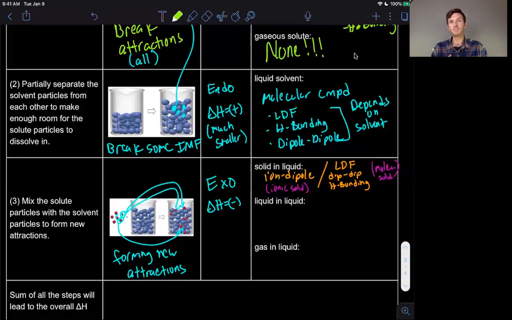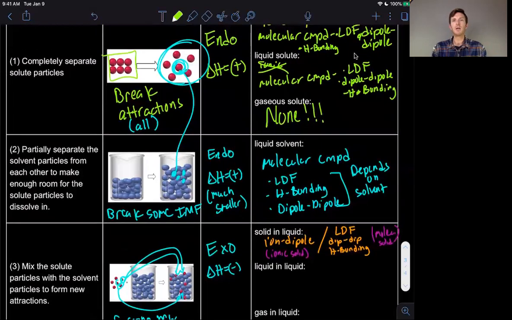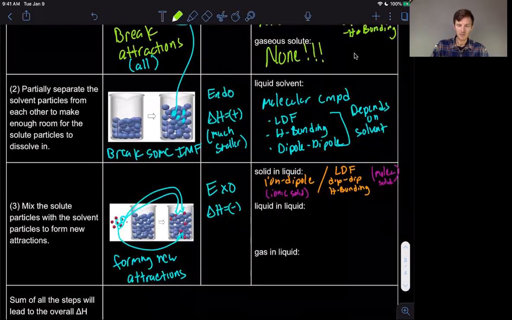And again, that depends on the type of solute, and also on the solvent that we are mixing together. Now we have a liquid dissolving into another liquid. Going back to our liquid solutes, we have molecular compounds dissolving into another molecular compound. So we're going to form new London dispersion force attractions, new dipole-dipole attractions, or new hydrogen bond attractions, depending on the type of solvent and solute we have.